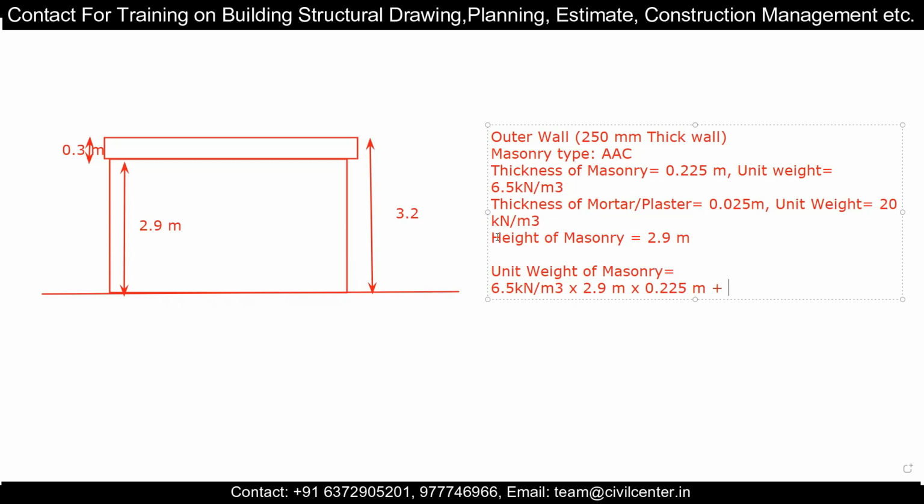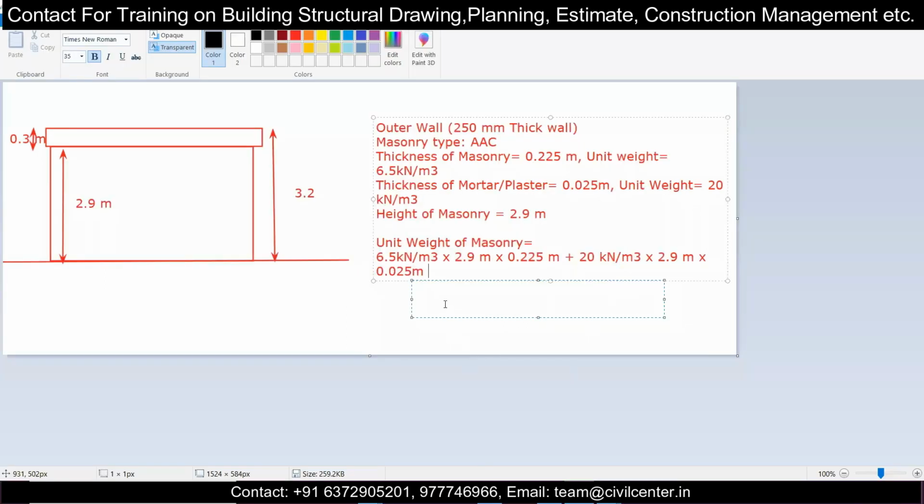The unit weight here is 20 kilonewton per meter cube for the mortar, and into this 2.9 meter will be the same, because the height of the brick and the plaster is the same, and it will be multiplied by the thickness, which is 0.025 meter. If you just calculate, this value comes out to be around 5.69 kilonewton per meter.